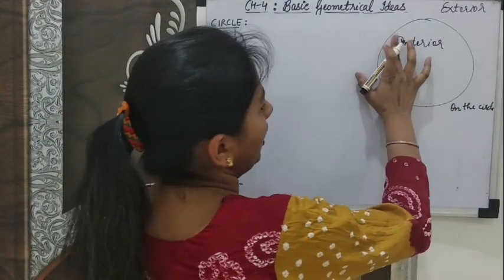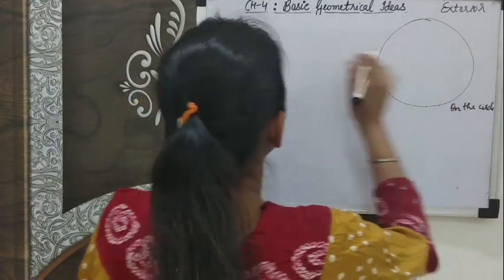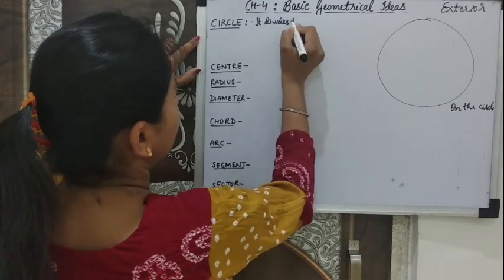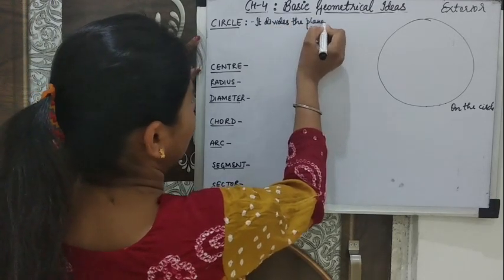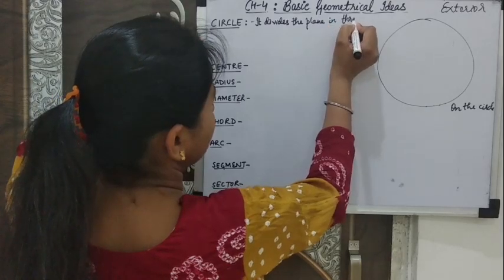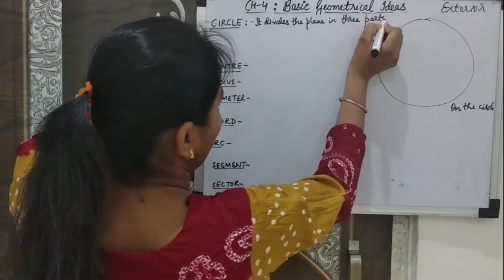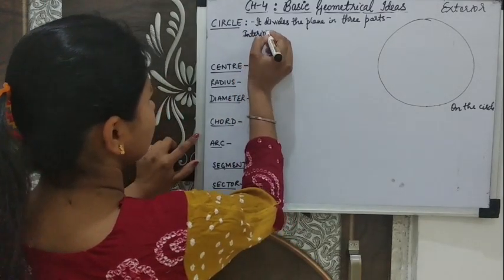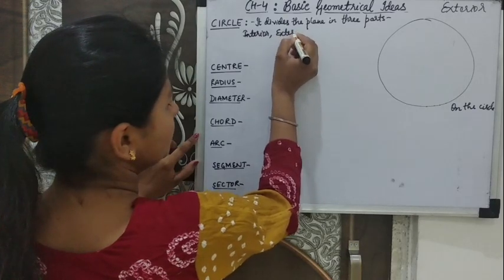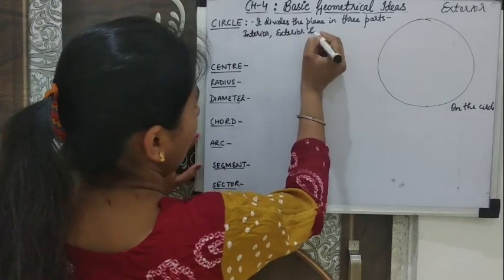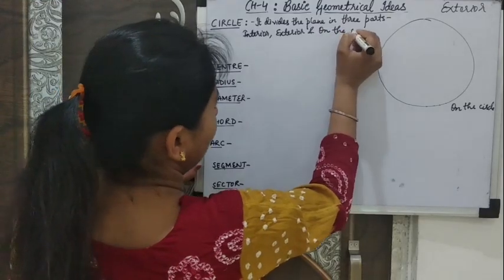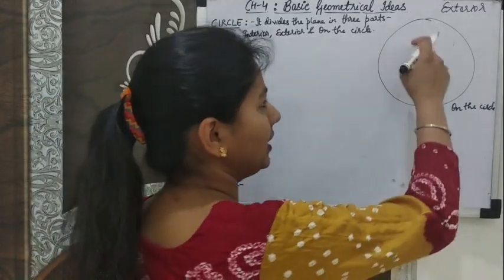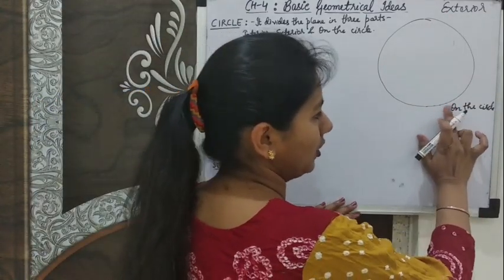So first we will write that it divides the plane in 3 parts. Now what are these 3 parts? Interior, exterior and on the circle. We have seen that a circle is dividing any plane into 3 parts: interior, exterior and on the circle.